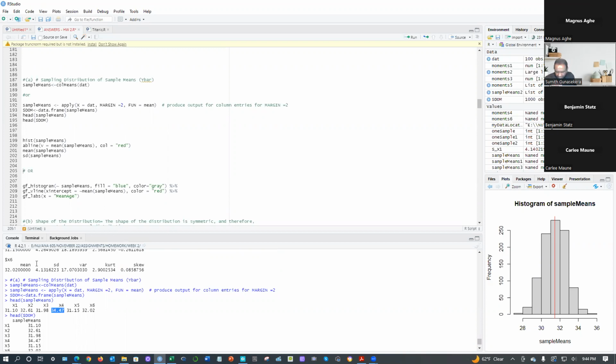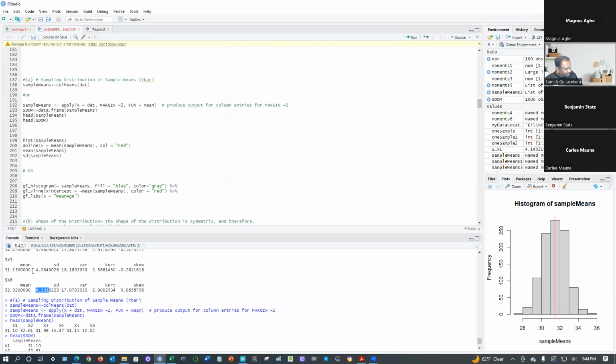We don't even have to calculate it. Let's say the observed one is this one, or if you want, for the first one, 31.1, you can use as a mean.